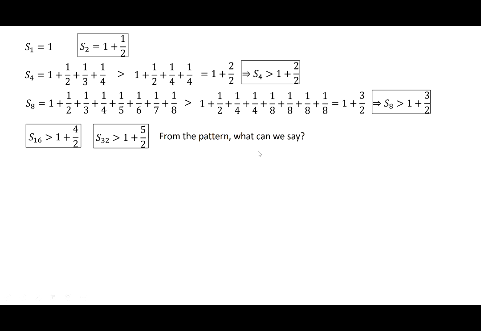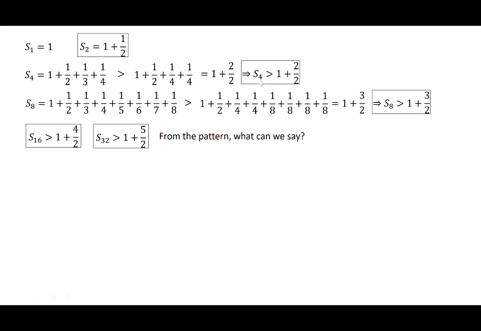Can you say anything? S sub 4 is apparently greater than 1 plus 2/2. S sub 8 is greater than 1 plus 3/2. 16, 4/2. 32, 5/2. Any pattern at all?